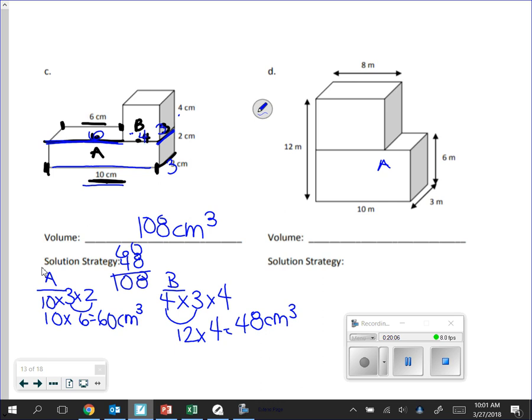For here, I know that my length is 10, my width is 3, and my height is 6. Here, length, width, height. So do I know my length here on shape B?